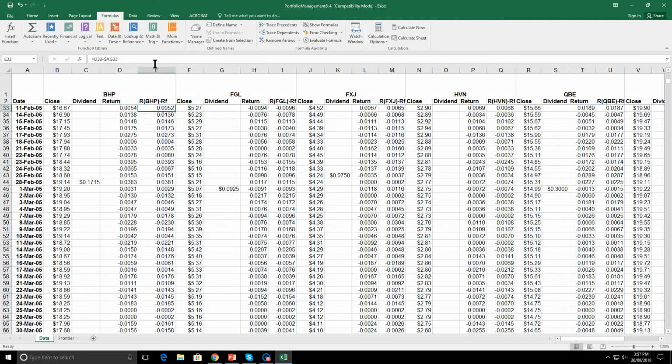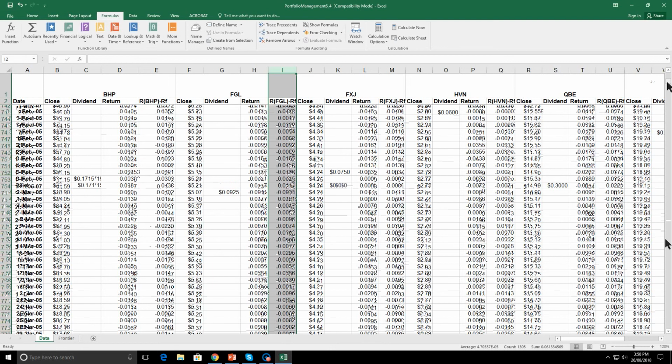So this D33, for example, is the return from BHP, and then AG33 is the return from the risk-free asset. That's the excess return, and we calculate excess return for all other stocks in the same manner. So we now have the return and excess return for each of these stocks.